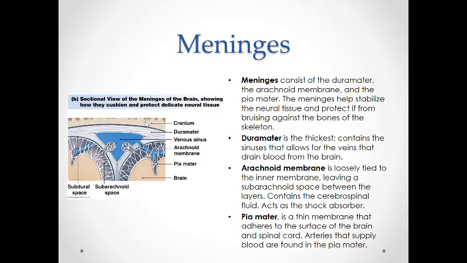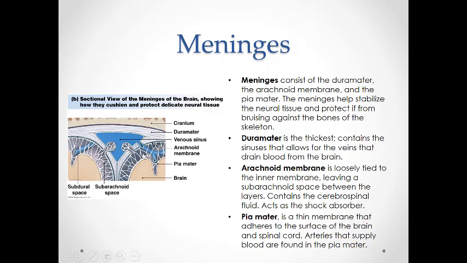The meninges consist of the dura mater, which is a really thick outer layer, and it contains sinuses like the venous sinus that allows for the veins and blood to drain into the venous sinus and be taken away. Then you have the arachnoid membrane, which is next, and they're loosely tied inner membranes, and they leave some spacing between them.